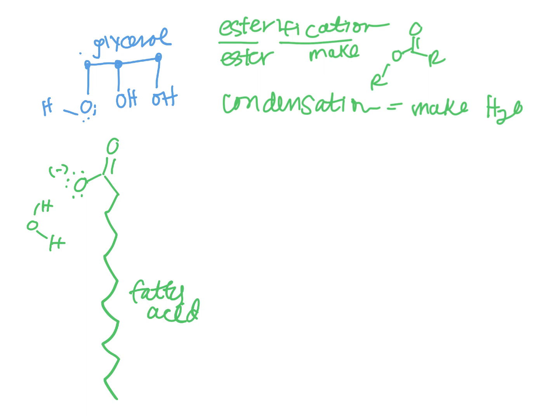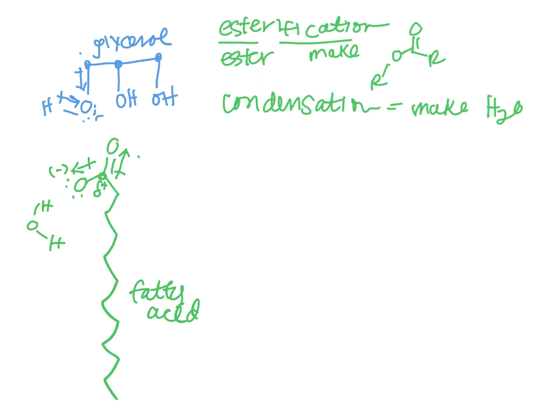So when you look between these two molecules, what you'll see is that I like to draw some of those partial charges. So here I've got, arrow points to the most electronegative, points here. So I've got a fairly strong partial positive on this carbon here. And then when I look at glycerol, if I'm just trying to figure out who the nucleophile is and who the electrophile is, arrow points here, arrow points here.